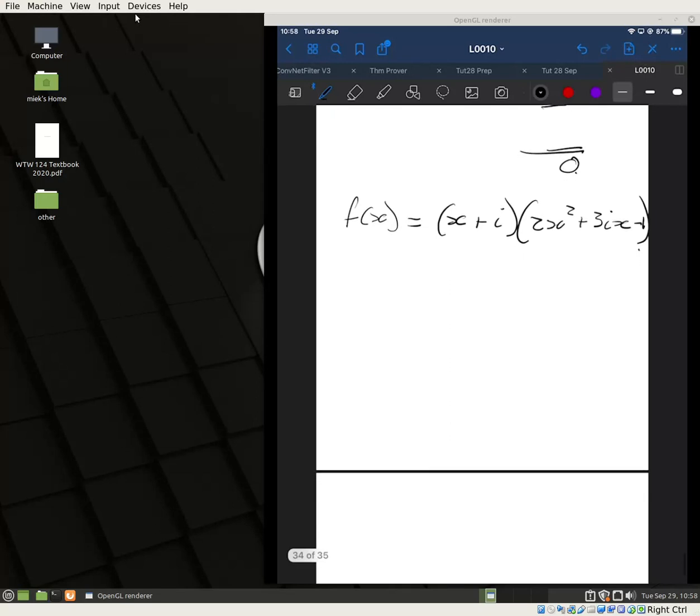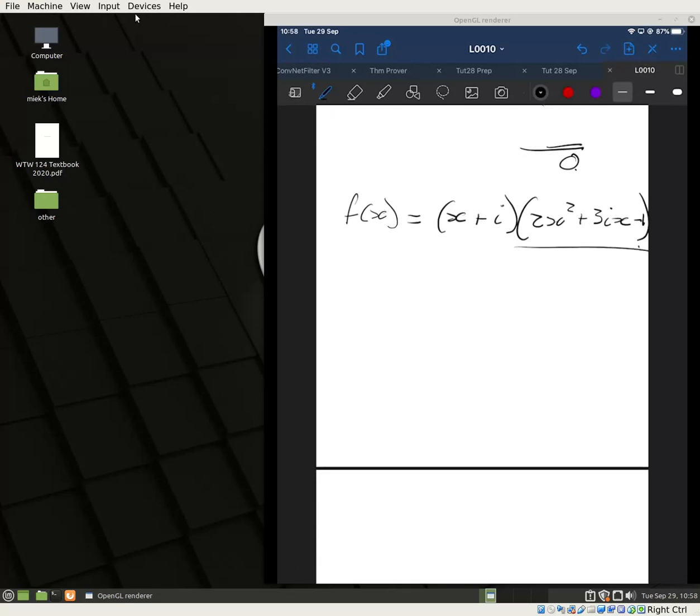Okay, so now we also want to factorize this quadratic over the complex numbers. So we see this is a quadratic, and one of our coefficients is a complex number. There are a couple of ways of doing this. The suggested method in our textbook is to complete the square.